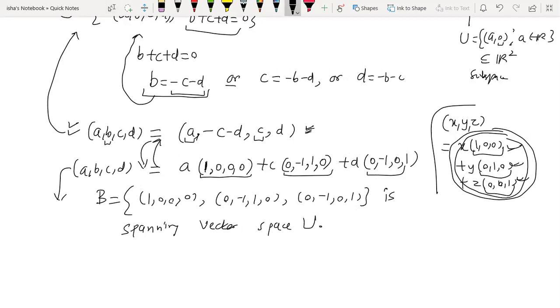Because every vector of U has been written as a linear combination of these three vectors. So this set is already a spanning set. All I need to confirm is that if these three vectors are linearly independent, then this will be a basis.